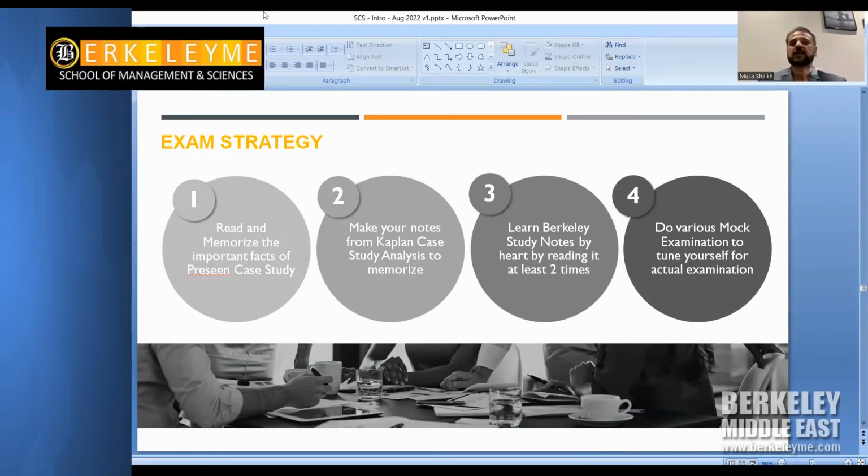It requires 5 hours to read the case in detail and another 5 hours to summarize. And it's in your memory, like you can read it every day, every week, whenever you get time. It's not that tedious. Make your notes from the Kaplan material, and we'll give you the notes. Read the study notes that we give you and do mocks. It's very important that you do the mocks, because mocks can change the environment.